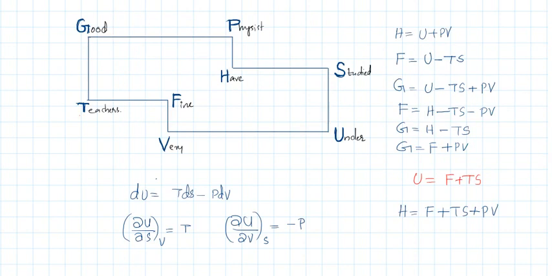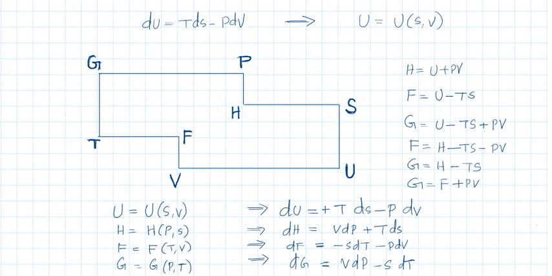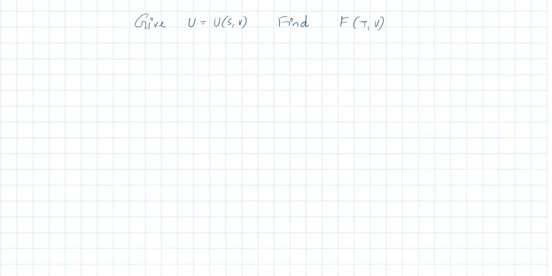Now, the remaining equations. The relation between F and U. Given U is a function of S and V, find F as a function of T and V. So what is the Legendre transformation?